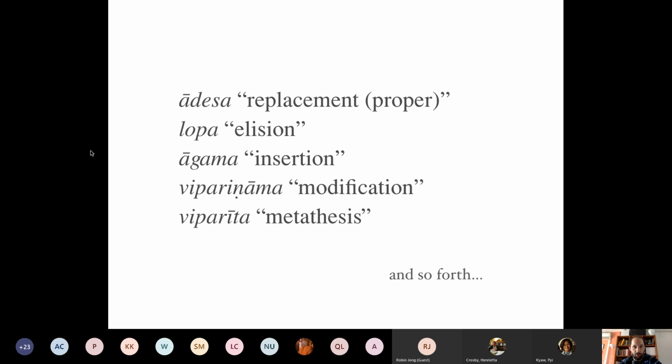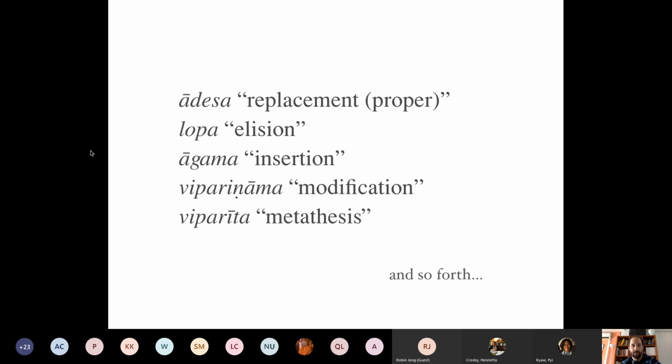Then there is another type of operation called agama that literally means insertion. For instance, you have seen that in the aorist tense in Pali, sometimes there is an agama of a before the verb. So akasi, instead of saying kasi, he did, you say akasi, he did. So this a at the beginning is one of the agamas.